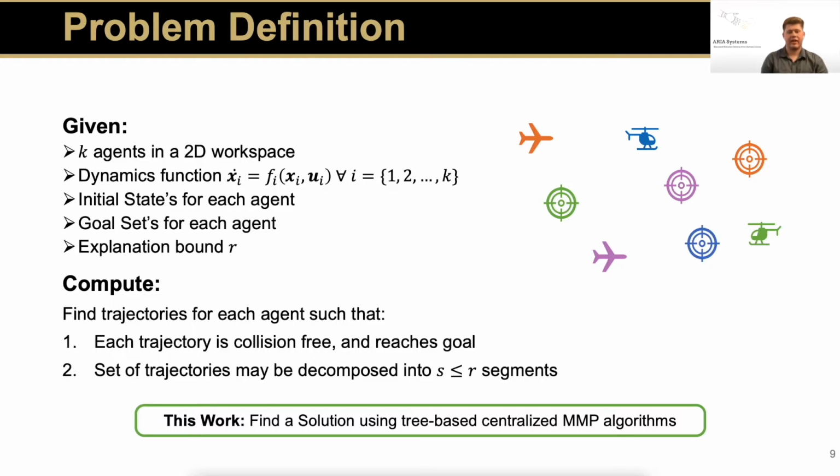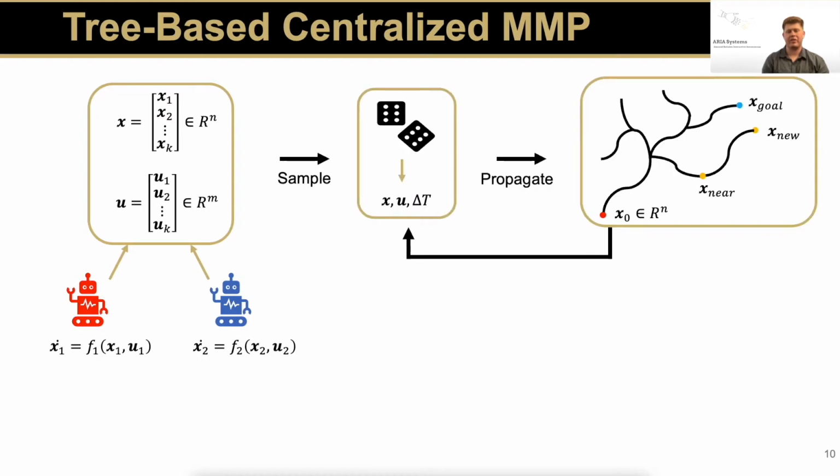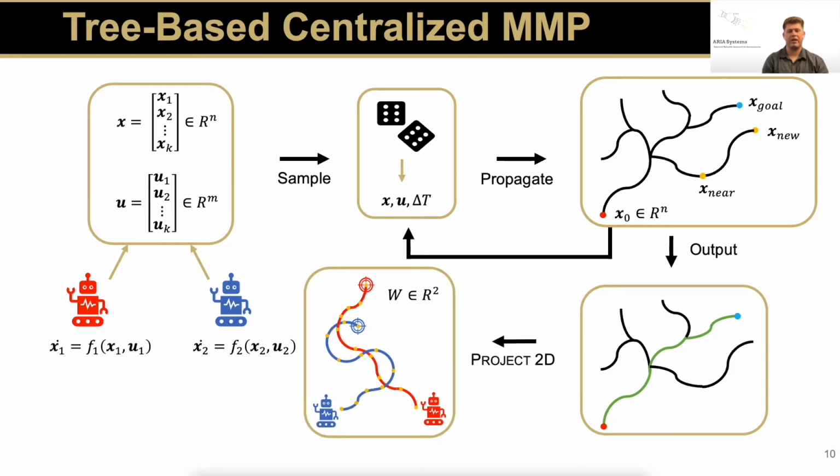Let's take a look at how centralized tree-based MMP planners work. These planners begin by composing all agents into a single state and input vector. Then, by a series of sampling and propagation techniques, we grow a dynamically feasible motion tree until we find a solution. Once a solution is found, we often project that solution onto a 2D workspace to visualize each agent's trajectory.